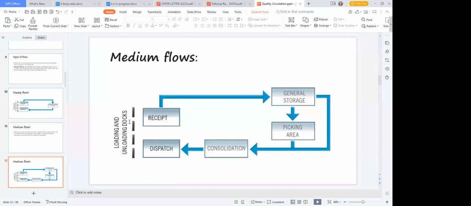Next, go to another process, consolidation, and then dispatch. So there is a medium flow of a storage warehouse. Just now we had receive, storage and dispatch, but now we have receive, storage, picking, consolidation, and dispatch.